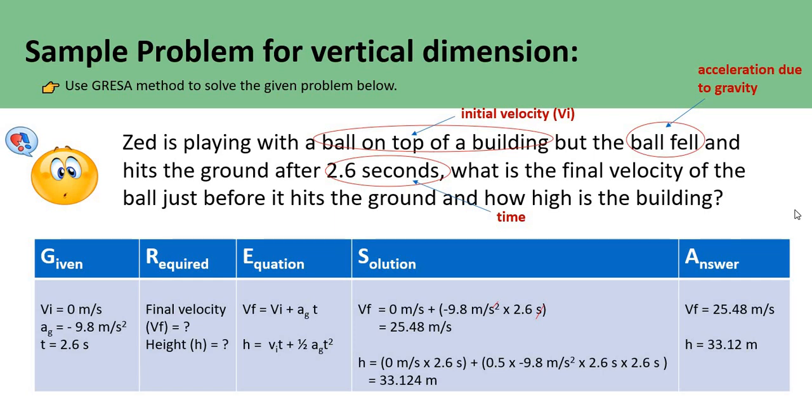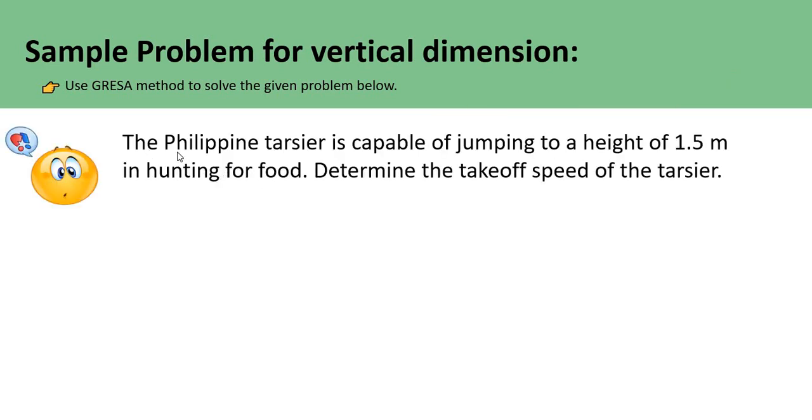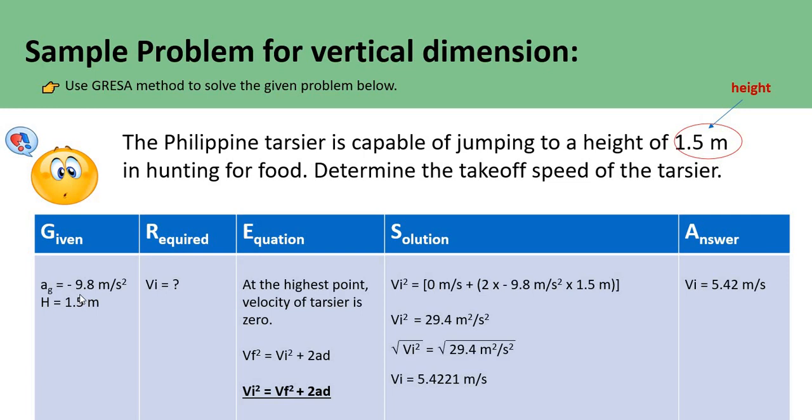Another sample problem: the Philippine tarsier is capable of jumping to a height of 1.5 meters in hunting for food. Determine the takeoff speed of the tarsier. Based on the problem, the given are 1.5 meters for the height and the acceleration due to gravity is negative 9.8 meters per second squared.